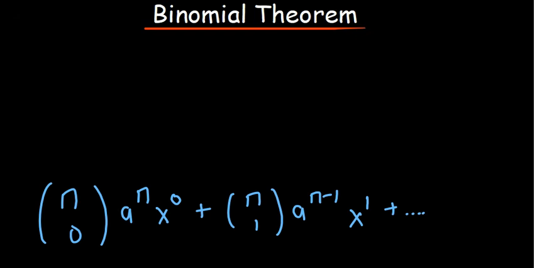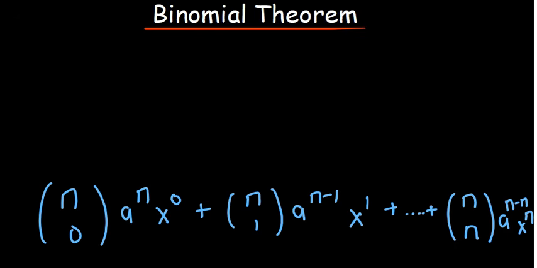And then at the last point you should choose n out of n, and then a will now be n minus n, which is like 0, and then x to the power n, like that.